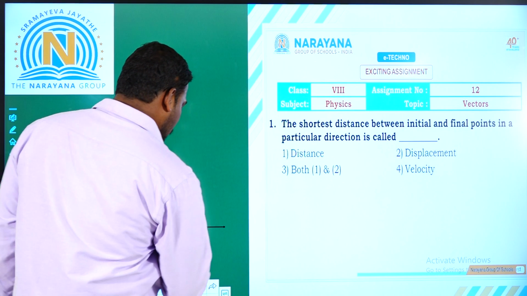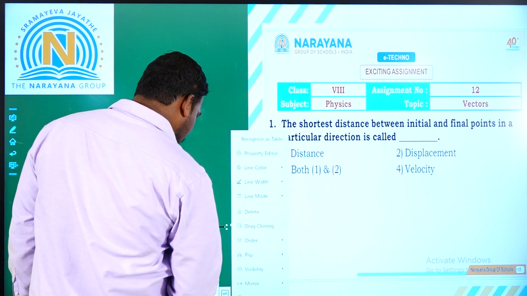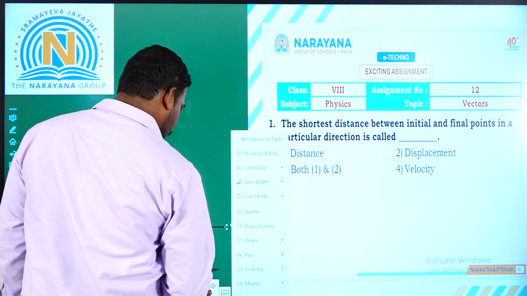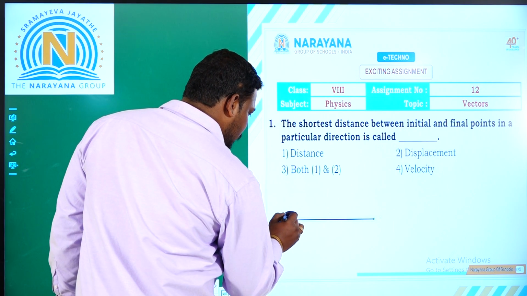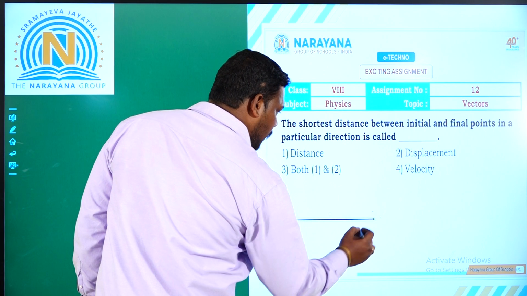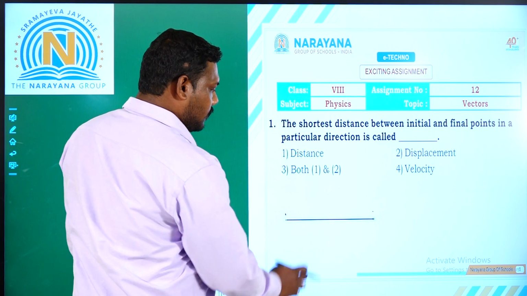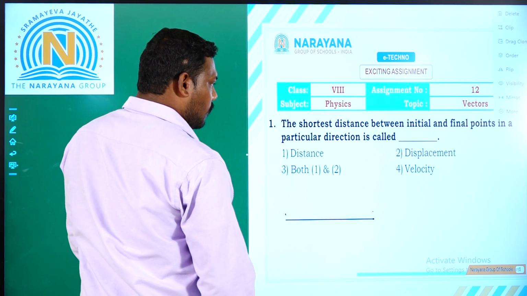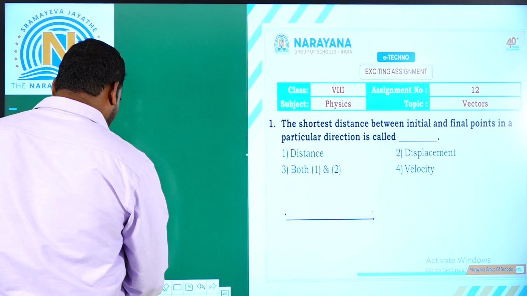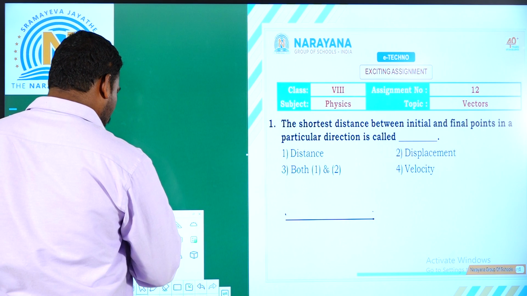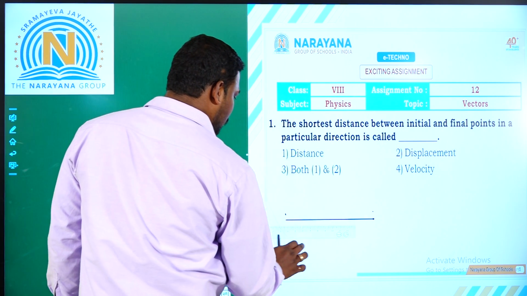Okay. Let us say we have taken a particular direction here. Right. Now here, if this is initial point and this is final point and they are in that direction. Now the distance is the shortest distance and you can measure with the help of scale here, right?